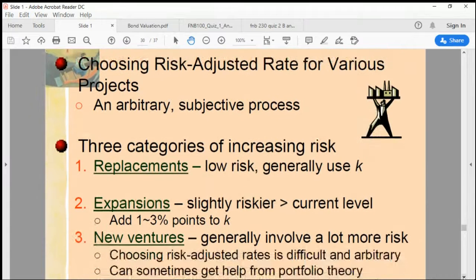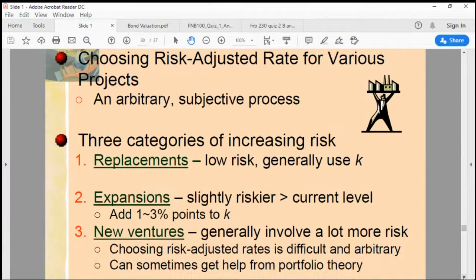And so this is basically how the risk premium method works, right? And we already talked about this, remember, in cost of capital. Now, if you add a risk premium, it's an arbitrary and subjective process. There are 3 categories of increasing risk, right?